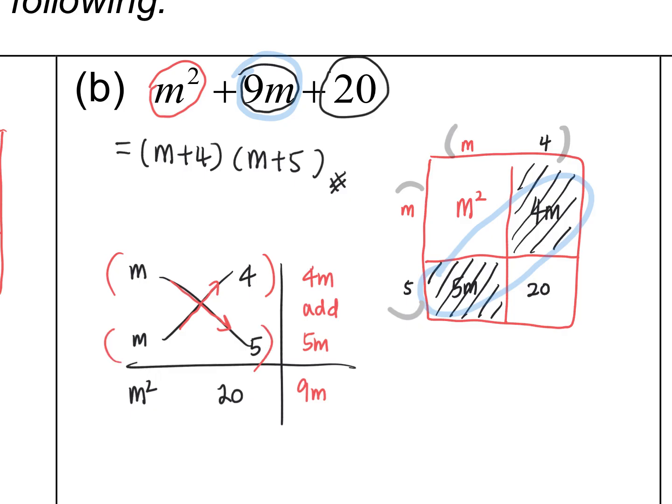So either method, just show me one. No need to show me both. You must know either one of the methods.